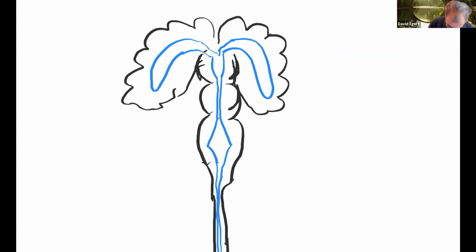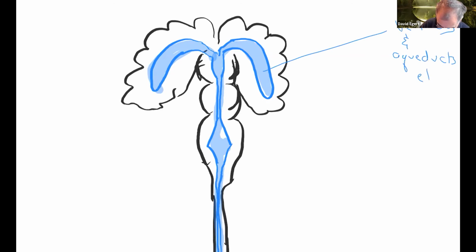For our class, you do not need to know the specific names of the different ventricles and aqueducts, but you should know that we have this system of hollow spaces within there. We call them ventricles and aqueducts, etc. They are all filled with a fluid called cerebrospinal fluid.